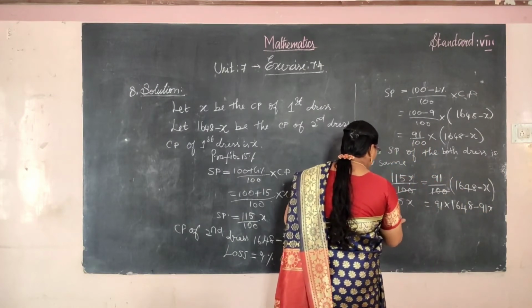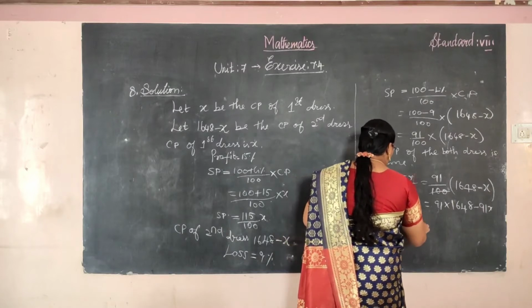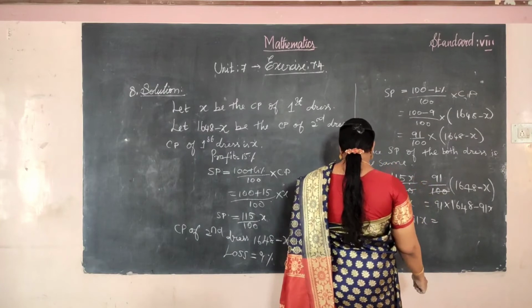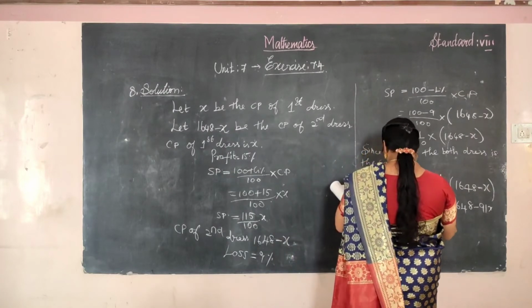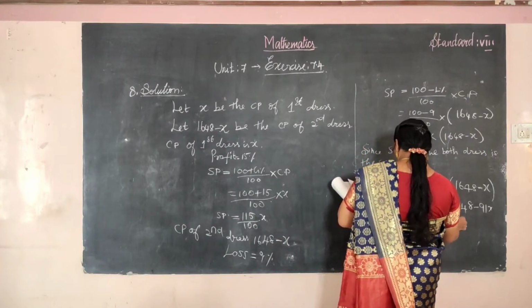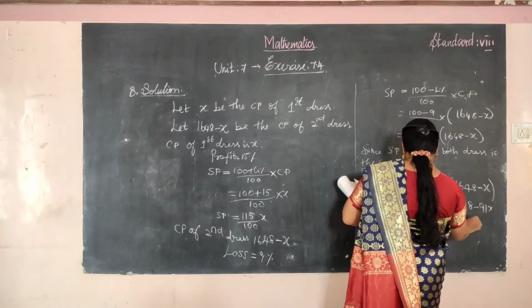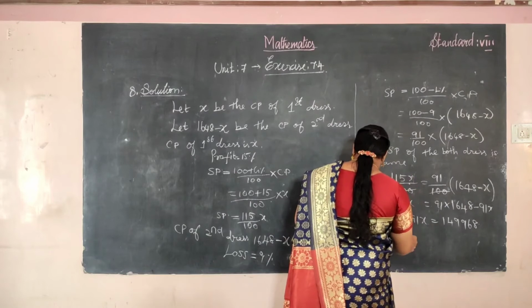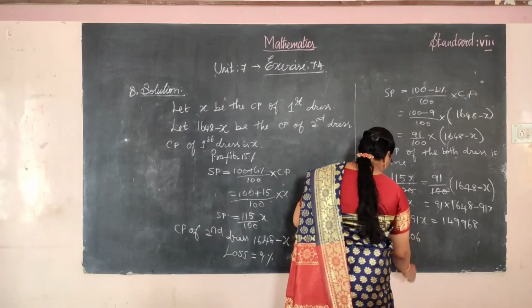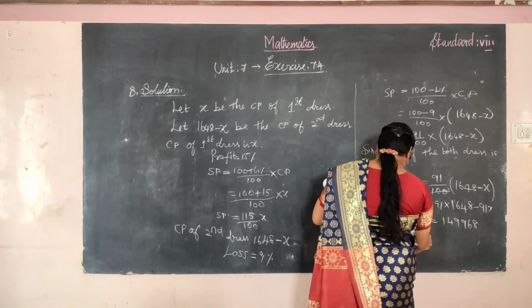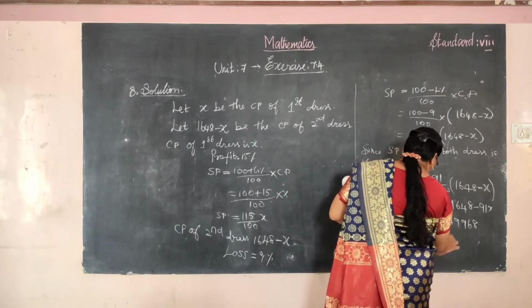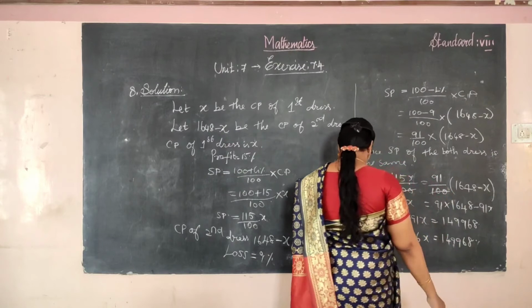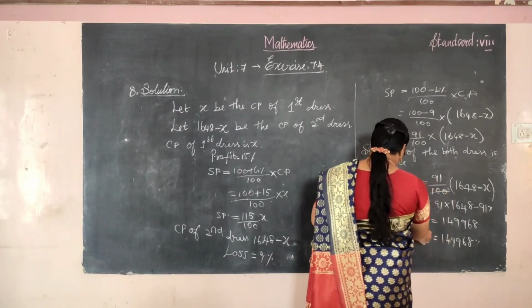So 115x plus 91x equals, multiply this value, we get, okay, right. Now add these two values, 206x is equal to 1,49,968.